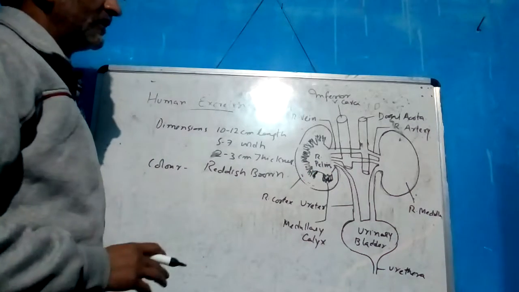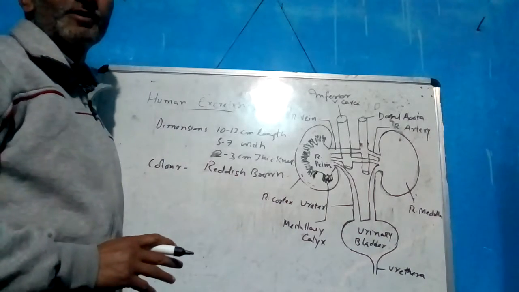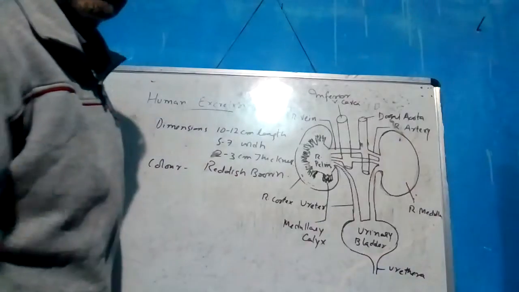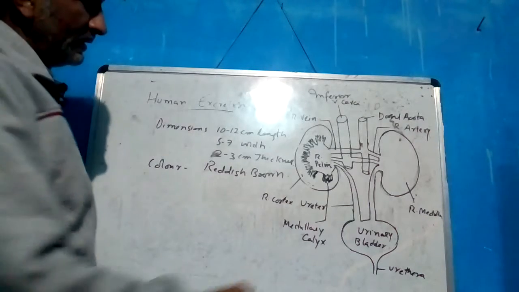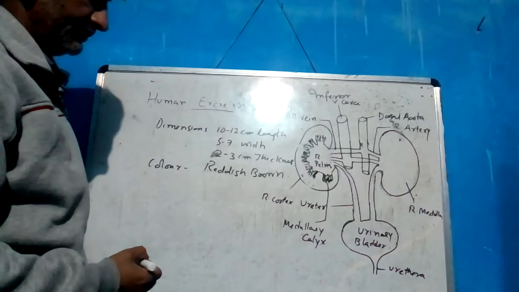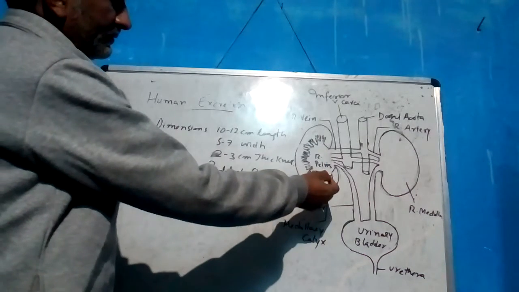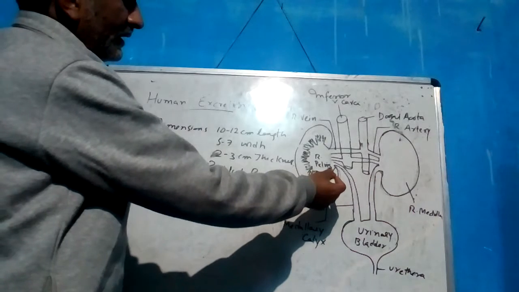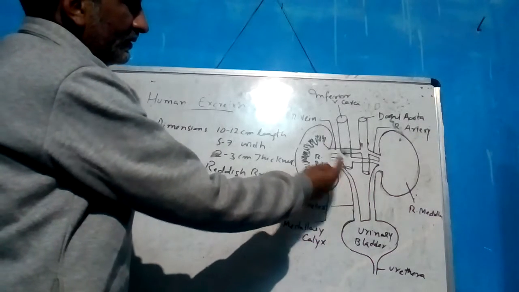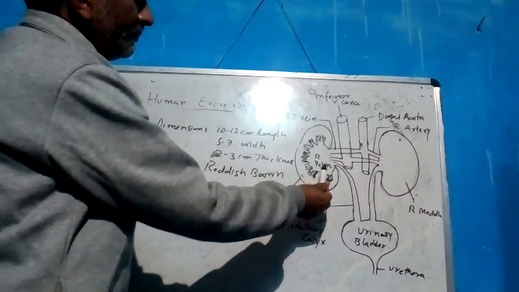And within the medulla, we can observe certain pyramid-like structures called medullary calyx, and all of these medullary calyxes finally open into a structure which is known as the renal pelvis.